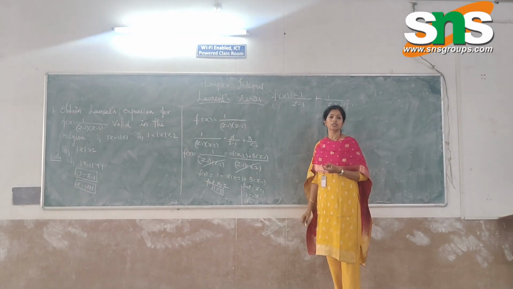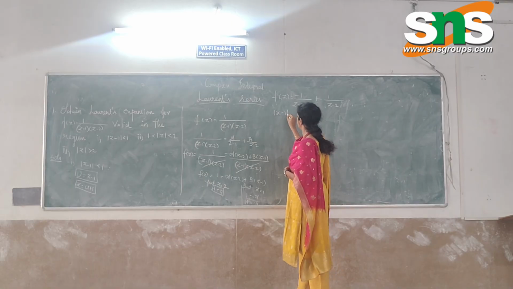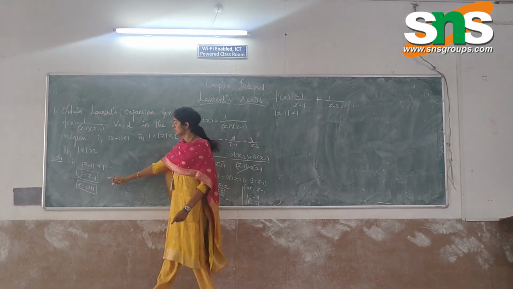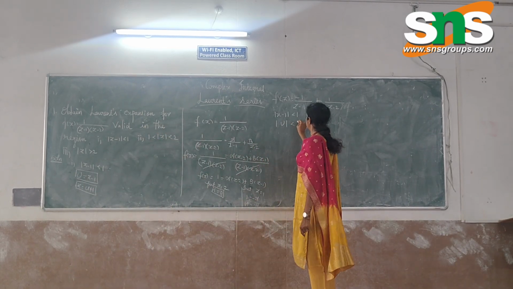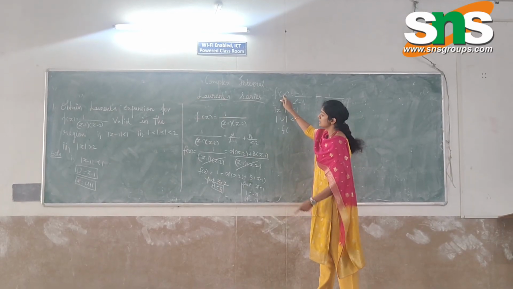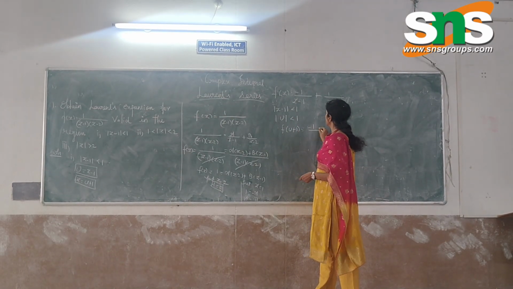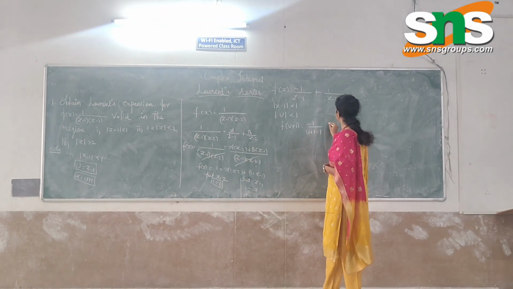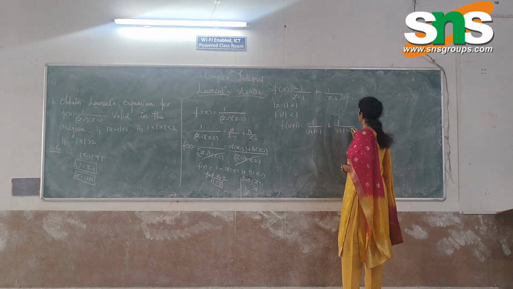Now we have to look into our Laurent series. We have modulus of z minus 1 less than 1. We have replaced z minus 1 by u, so we can write modulus of u less than 1. So now f of z: for z we replace it by u plus 1, so minus 1 by u plus 1 minus 1 plus 1 by u plus 1 minus 2.